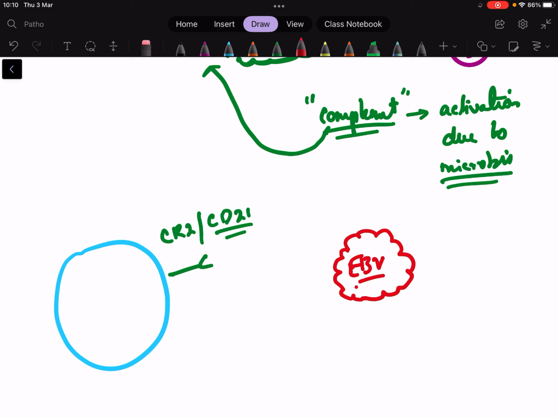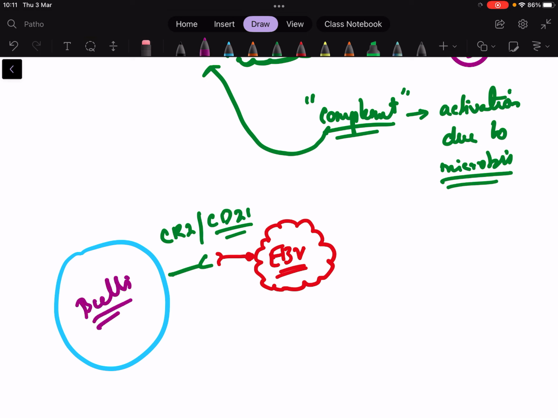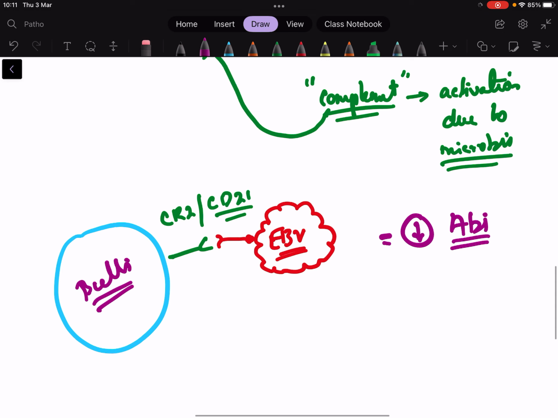This Epstein-Barr virus can go and infect the B cells by binding to this complement receptor type 2, the CD21 receptor, which is present on your B cells. And when the B cells are infected, obviously the antibodies in the body will decrease. So that is the importance of complement receptor type 2.